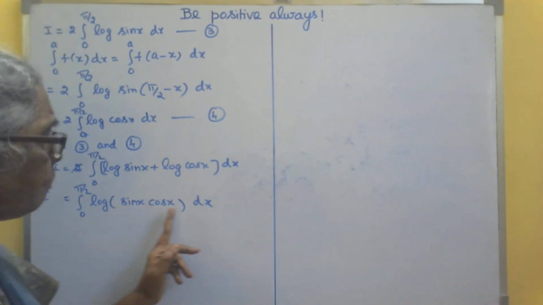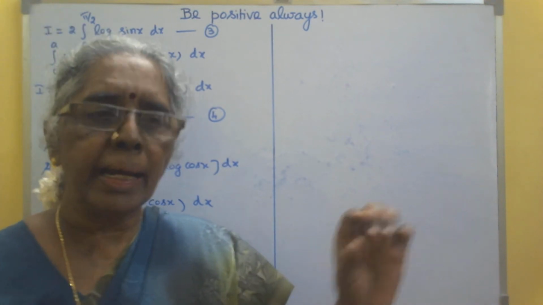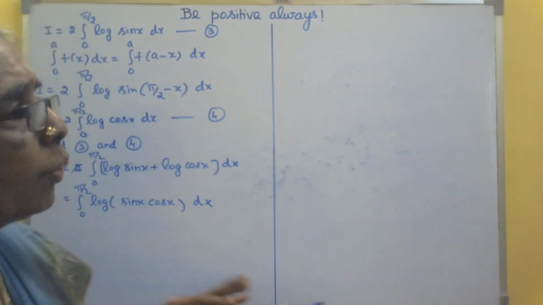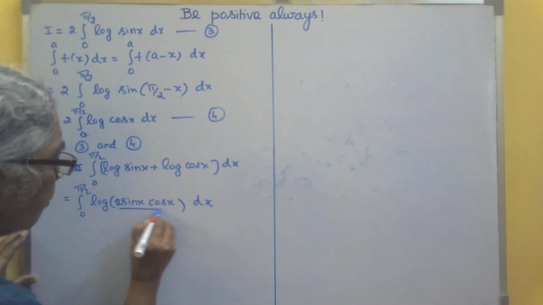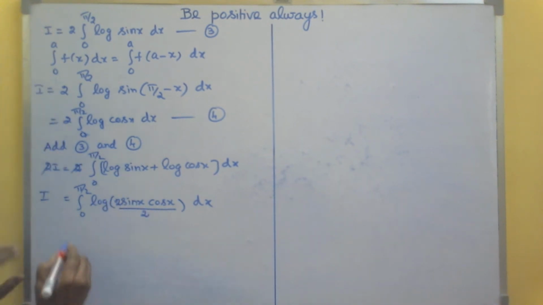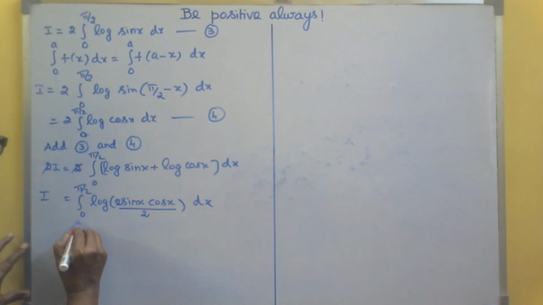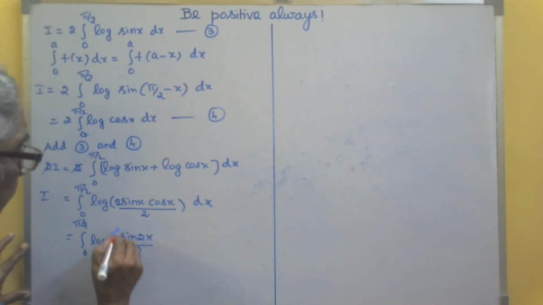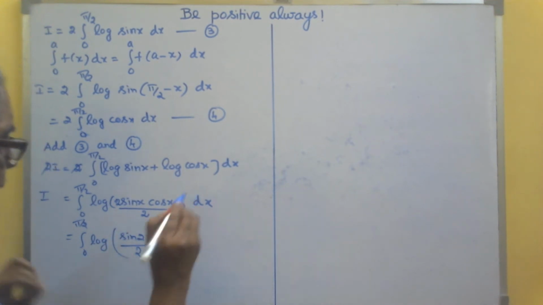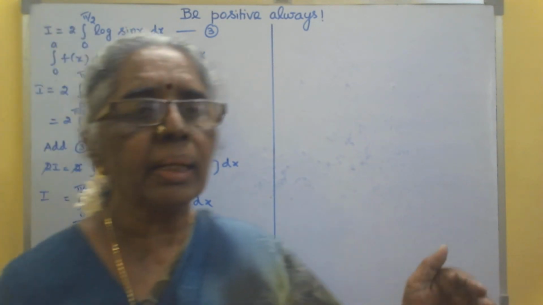Now within the log I have sin x cos x. There I am going to multiply and divide by 2, because I will be getting in the numerator 2 sin x cos x, which is nothing but sin 2x, divided by 2, dx. Now this is like log a by b.